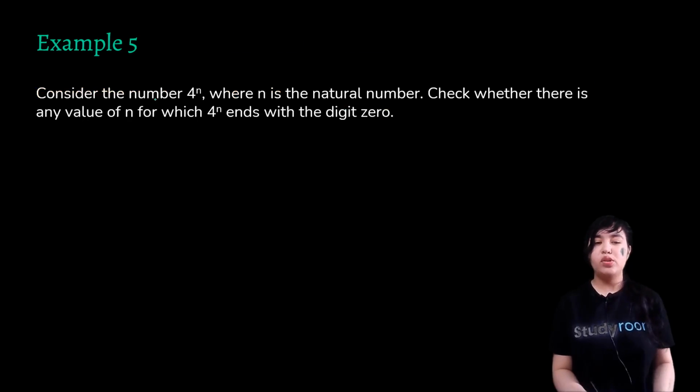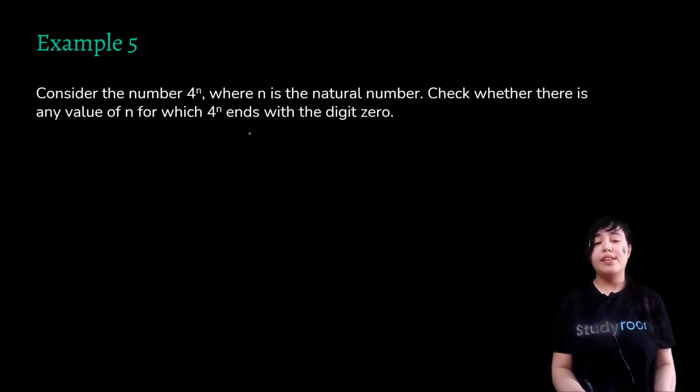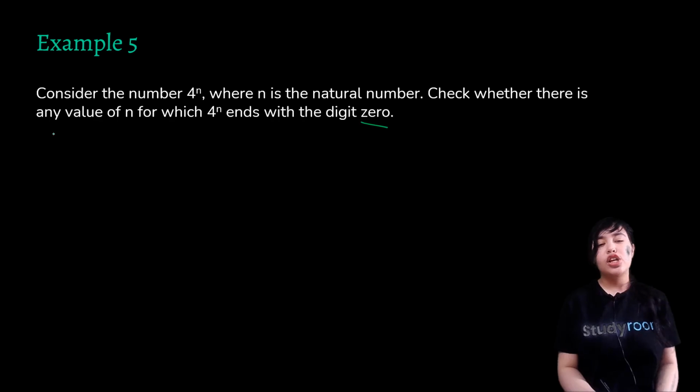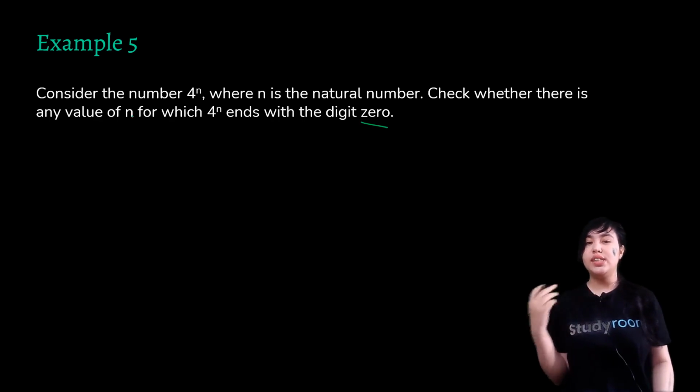Now we have an example over here. You have been given a number 4 to the power n, where n is any natural number like 1, 2, 3, 4, etc. You have to check whether there is any value of n for which 4 to the power n would end with the digit 0. You know that if any number ends with the digit 0, it has to be divisible by 5.